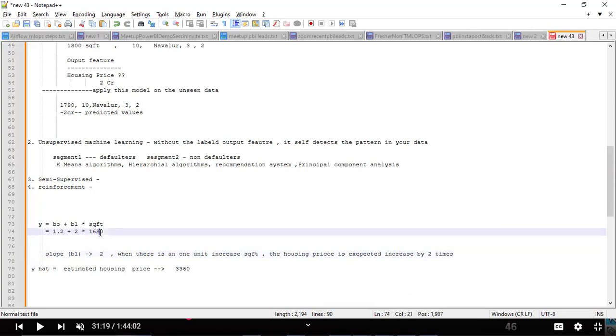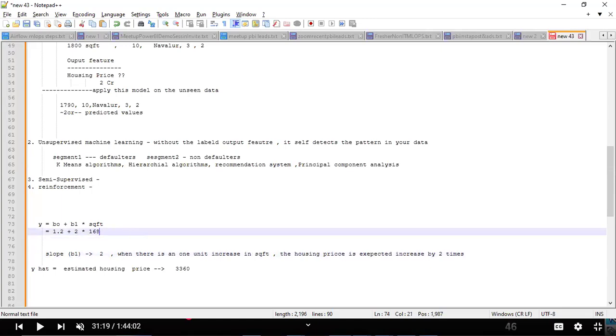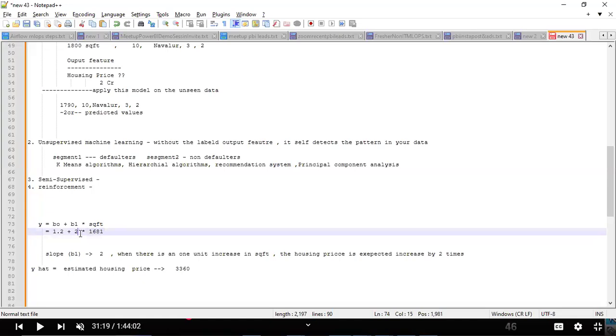When the square feet of the house is 1680, and the slope is 2, y is expected to increase by 2 times your square feet. So when there is a 1 unit increase in square feet, this is the one you need to understand very clearly. For example, if I say 1681, I'm going to increase it by 1 unit. So every 1 unit increase in the square feet, the house price is expected to increase by 2 times.